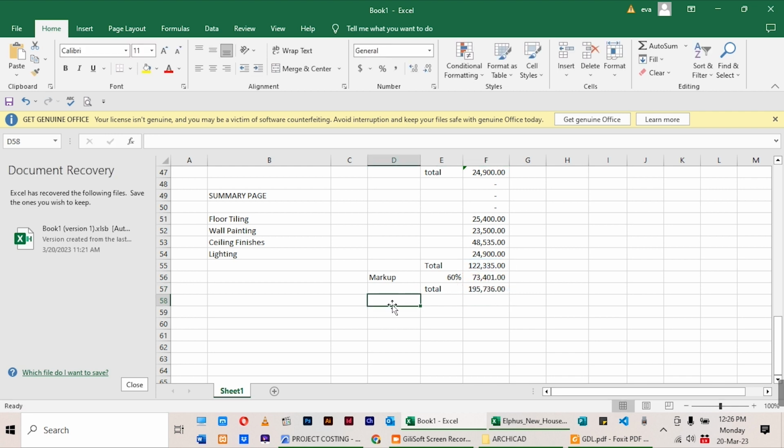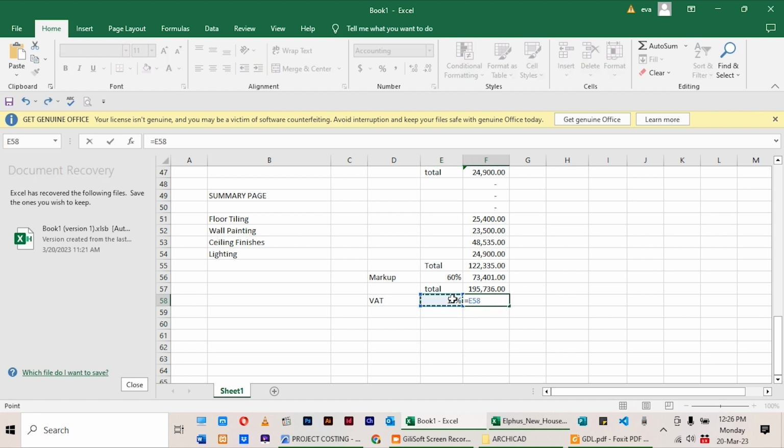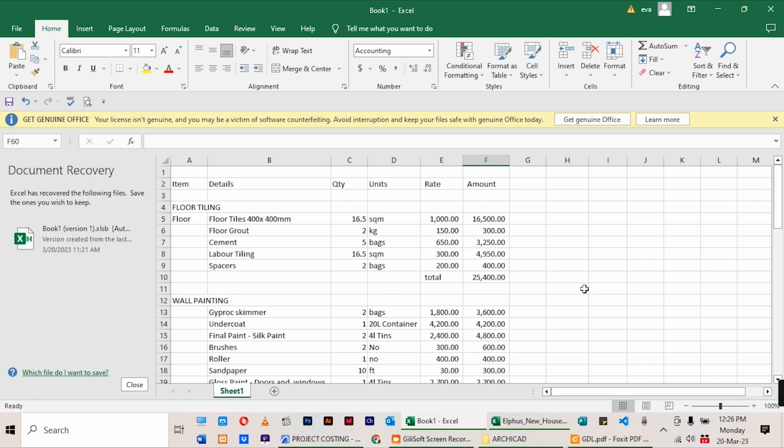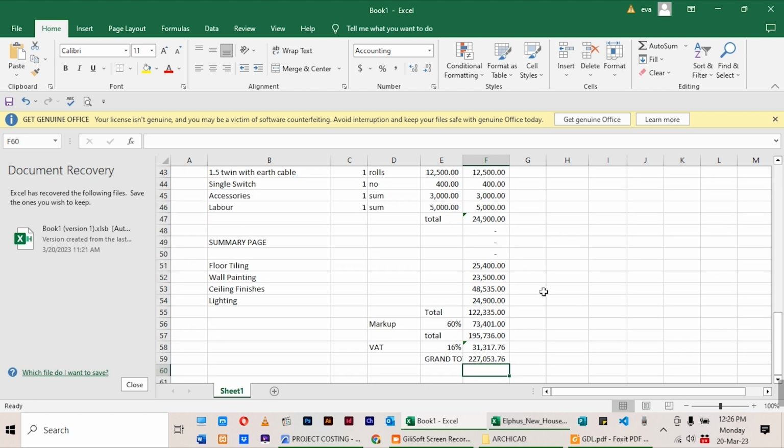And then add the statutory government taxes. So VAT in Kenya is 16%, is equals to this times this, then the grand total equals to this plus the VAT. So the final cost for this project would be 227,000.